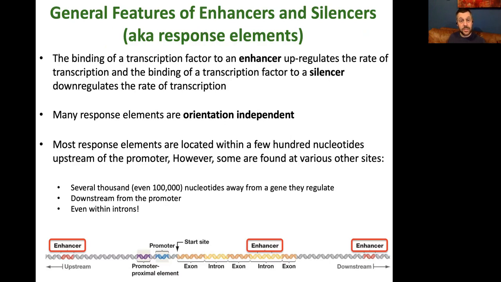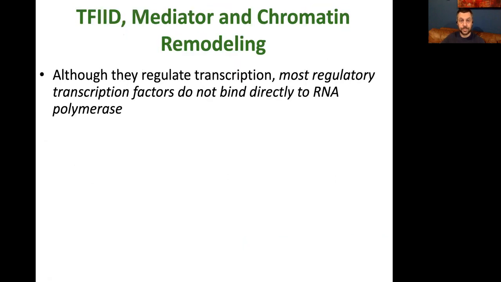And these transcription factors bind to DNA at enhancers. If they're going to upregulate a gene, those are activators that bind to enhancers. And then there are inhibitors or repressors that bind to silencers that turn transcription down.